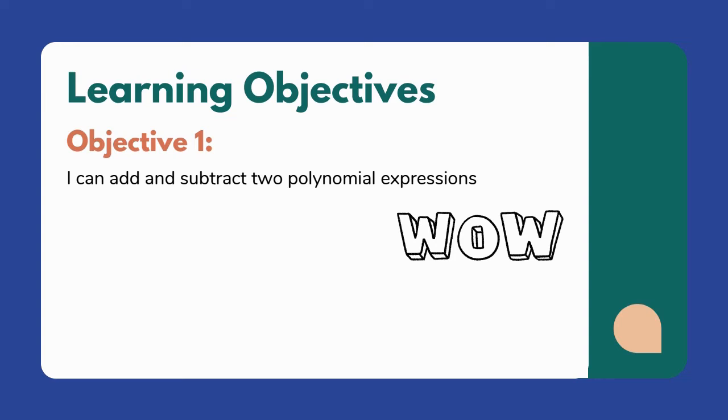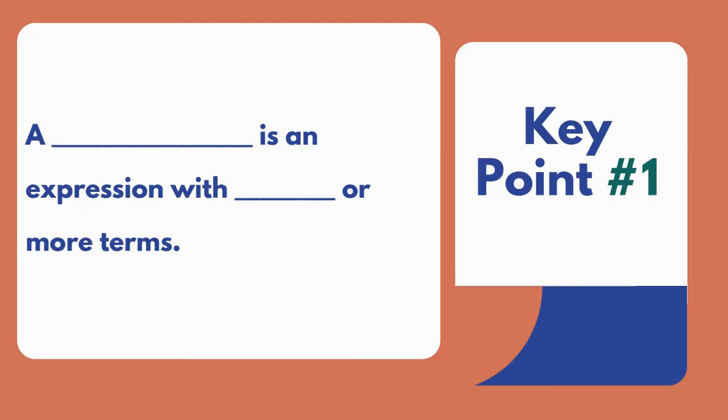We just have one learning target for today: that we can add and subtract two polynomial expressions. So before we go any further, we need to know this first key point, which is that a polynomial is an expression with two or more terms.